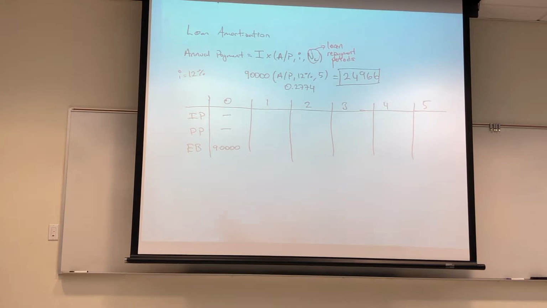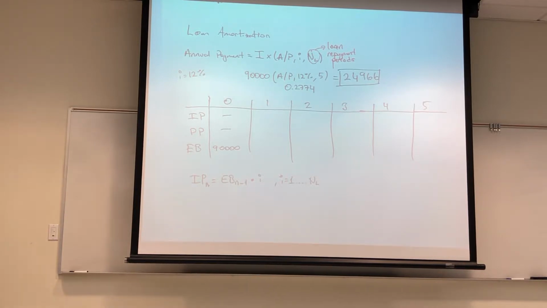Let me write the small formulas for how to find these, so you can note them down. So interest payment for period n will be equal to the ending balance of n minus 1 times the interest rate, for n from 1 to N of the loan.